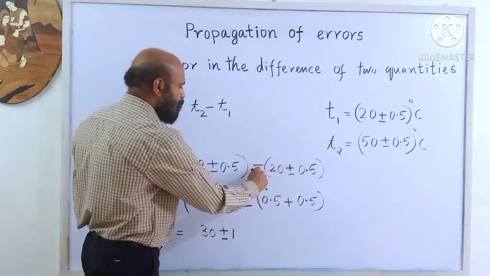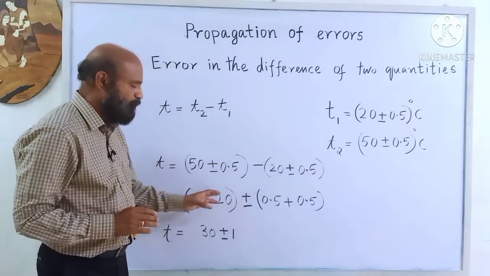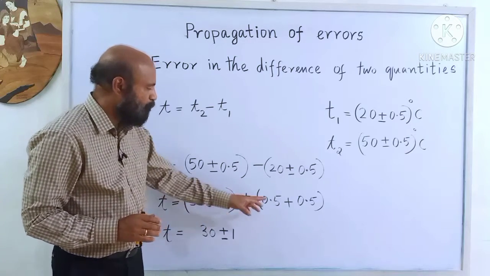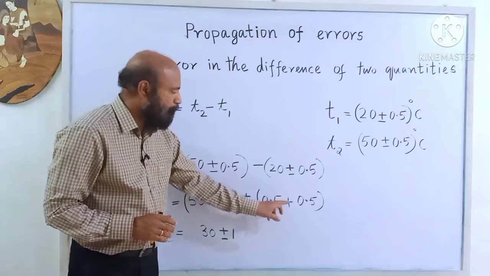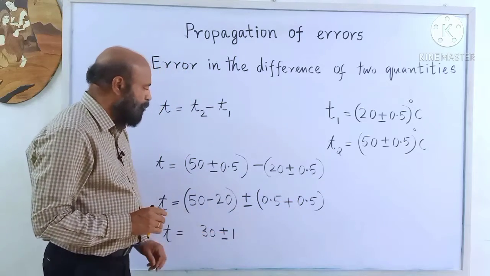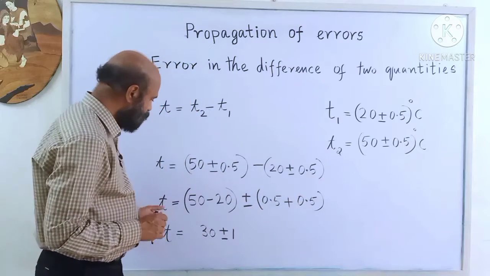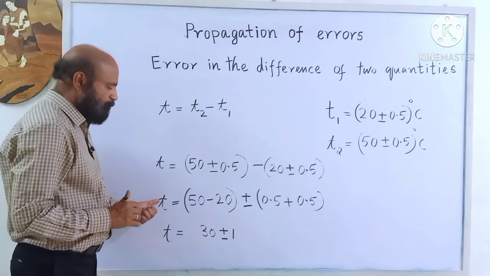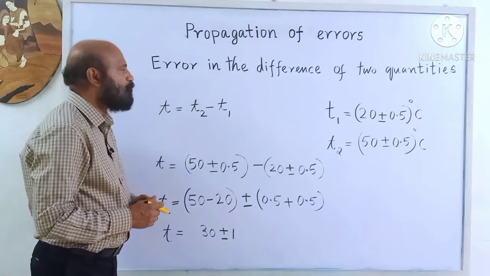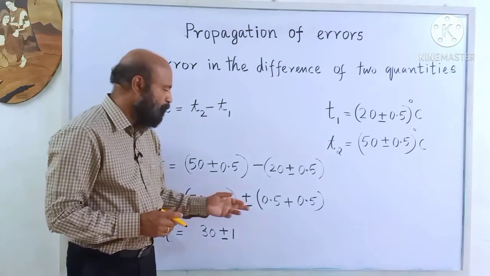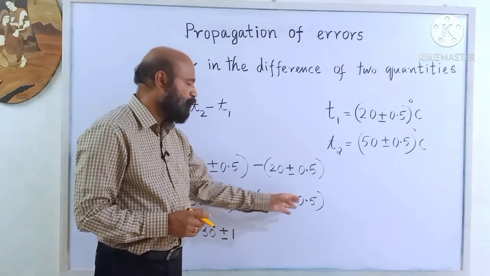This plus will become minus, this minus will become plus. So plus or minus outside. Error means maximum possible error, so here we cannot take a minus. So 0.5 plus 0.5, it's 1. So error will be the sum of the errors in the individual measurements. So maximum possible error in the difference of two quantities is equal to the sum of absolute errors in the individual measurements.